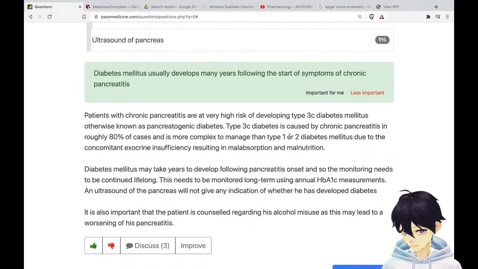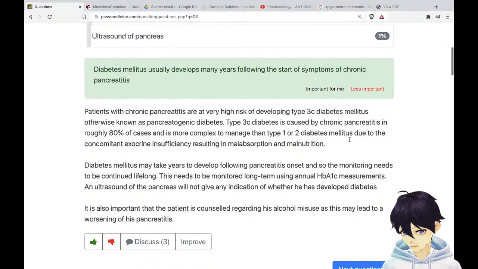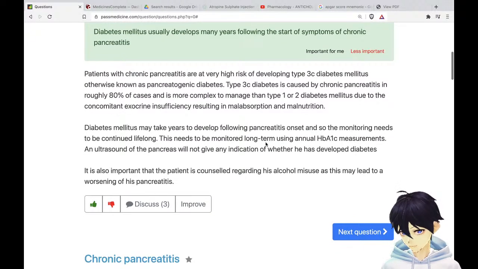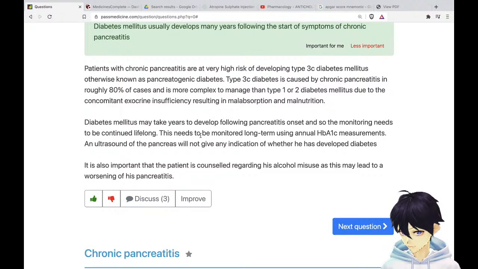Type 3C diabetes is caused by chronic pancreatitis in roughly 80% of cases and is more complex to manage than type 1 or type 2 diabetes. It is due to the concomitant exocrine insufficiency resulting in malabsorption and malnutrition. Diabetes mellitus may take years to develop following pancreatitis onset, and so the monitoring needs to be continued lifelong.